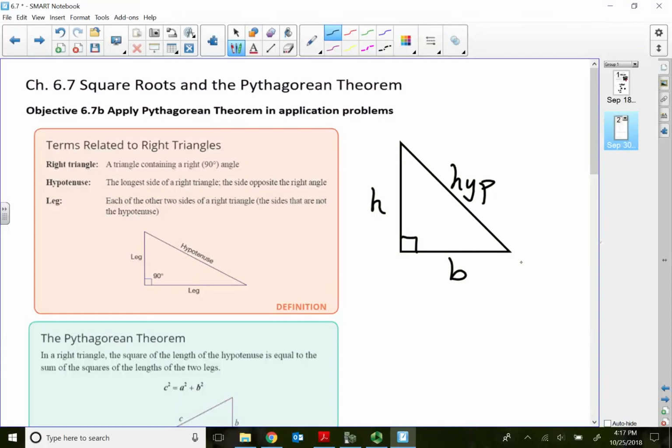Because if I have a right triangle with one angle being 90 degrees, that means the other two together will be 90 degrees. Therefore, the 90-degree angle is the largest angle inside the triangle. So if the 90-degree angle is the largest angle, then the side across from it, which is called the hypotenuse, must be the longest side out of the three.